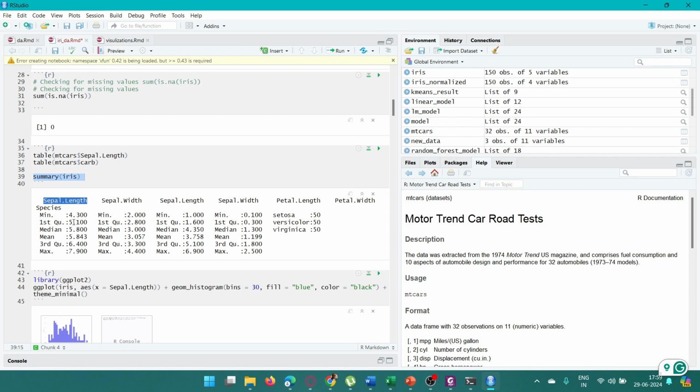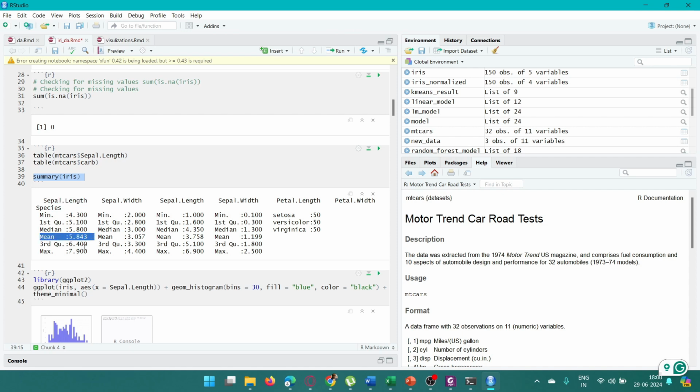Similarly, what 25% of the data is taking you can observe from the first quartile, what 50% of the data is taking from the median, and what the data is taking on average from the mean value.